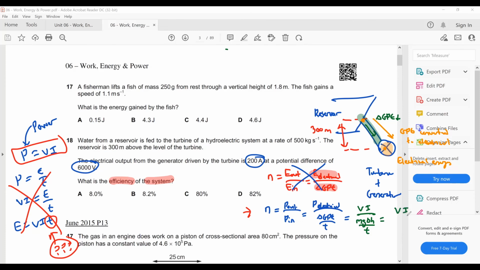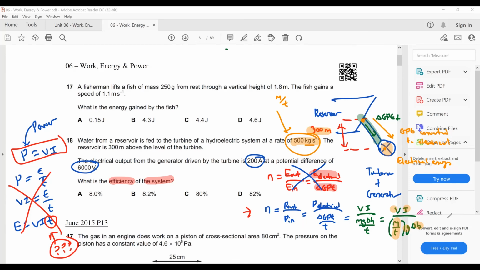You have VI equals M over T times g delta H. Now you will see you actually have everything here already. You have V, you have I, you have g, you have H, which is 300 meters. And then the M over T is actually this one. This is mass over time because it's kg per second. So this is mass per unit time already. You actually have everything here to work with already.